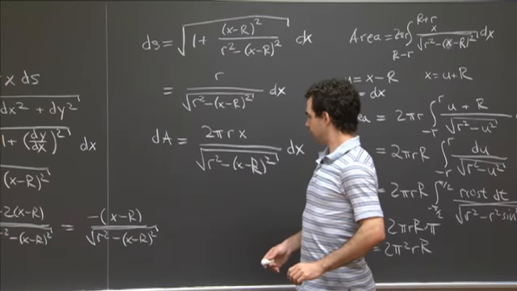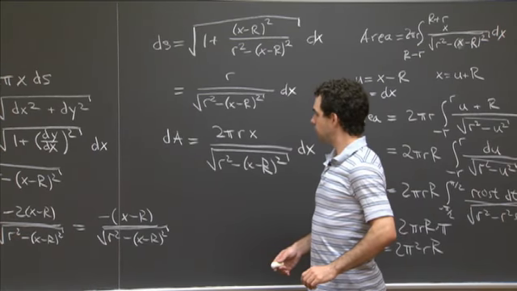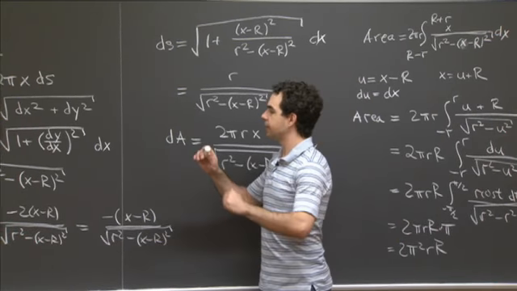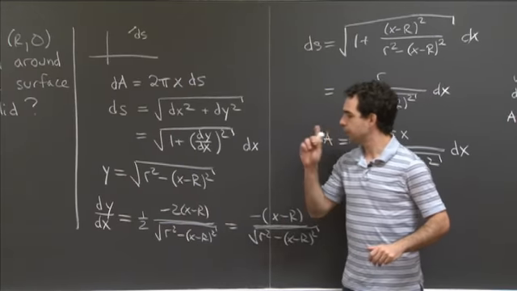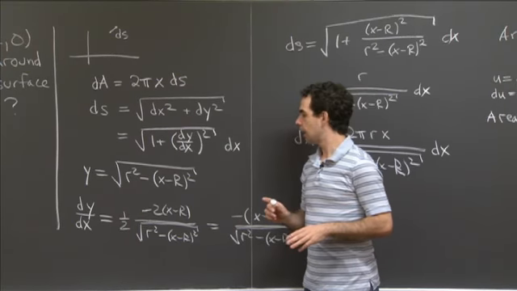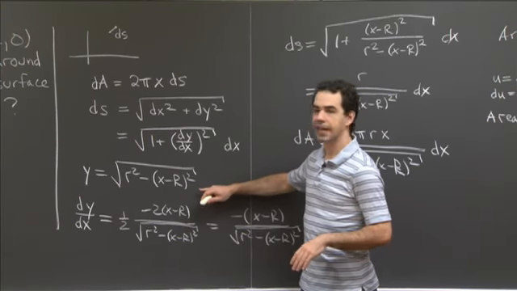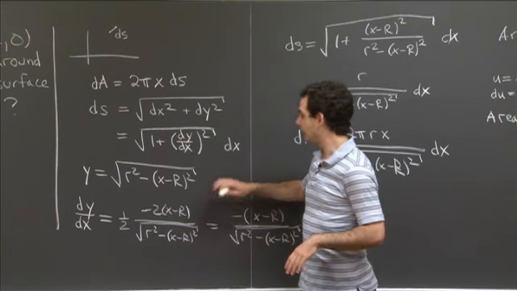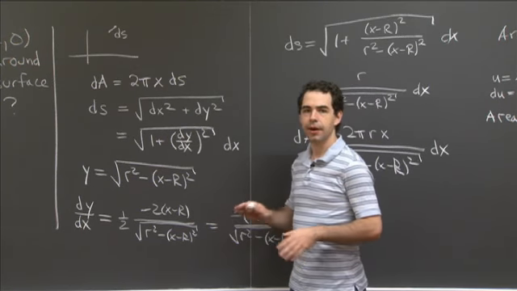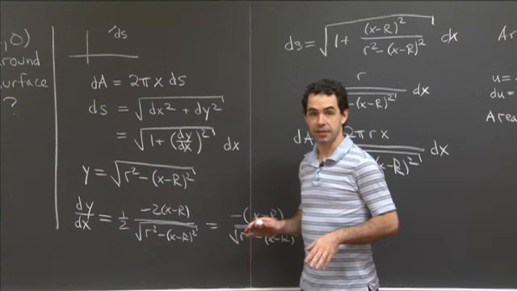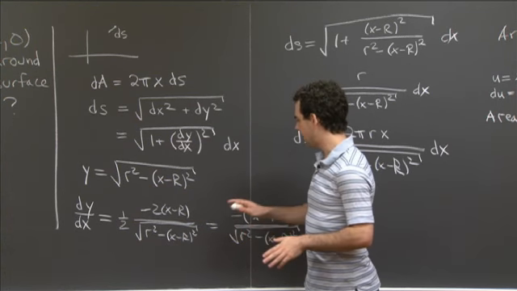Is there anything else I want to say? Oh, yes, there is one other thing. We could have done this slightly differently. Here we solved for y explicitly in terms of x, and it would have been possible to carry this through using implicit differentiation instead. It would have actually simplified.